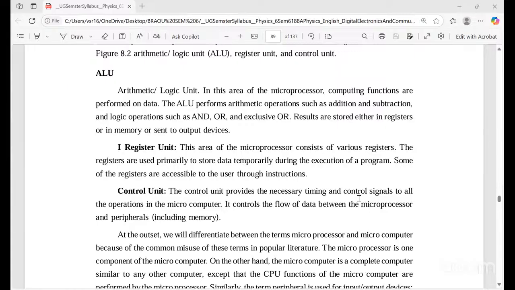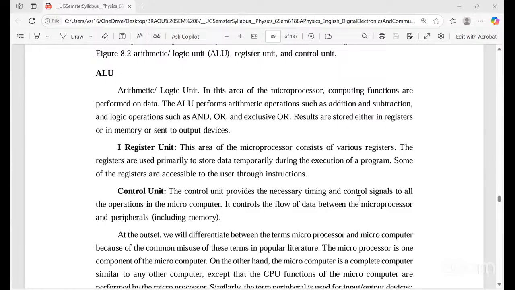Some of the registers are accessible to the user through the instructions. Okay. And the next one is the control unit, CU, which provides the necessary timings and control signals to all the operations in a microcomputer, and it controls the flow of data between the microprocessor and peripherals. Peripherals are input and output devices.